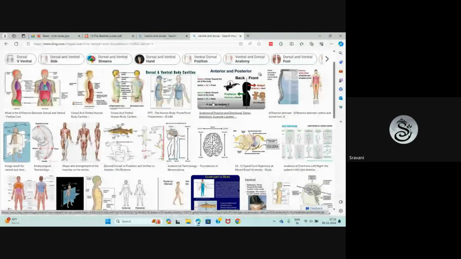It's clear now, ma'am. Can you repeat this ventral again? Ventral is the softer part of the body, and dorsal is the harder part of the body.